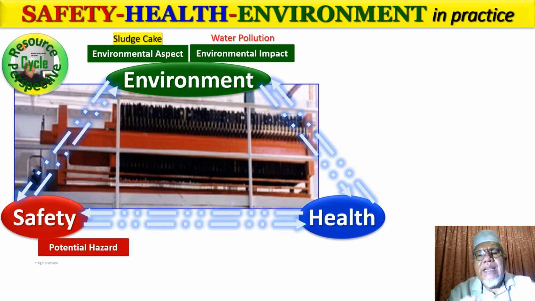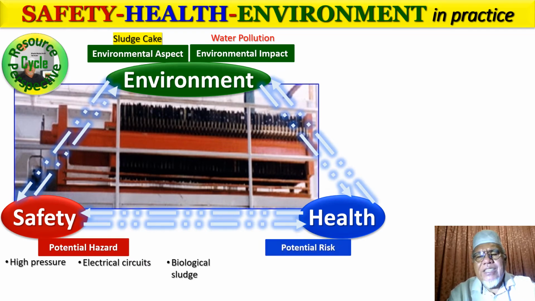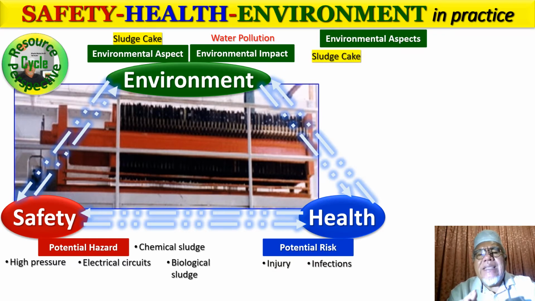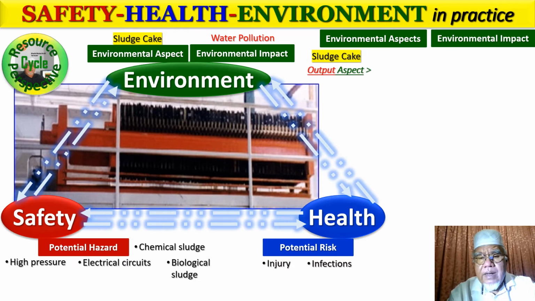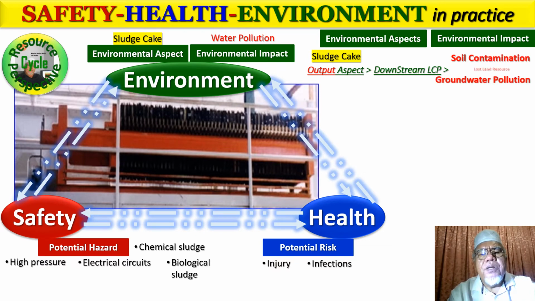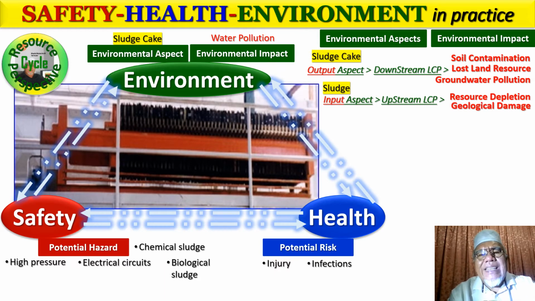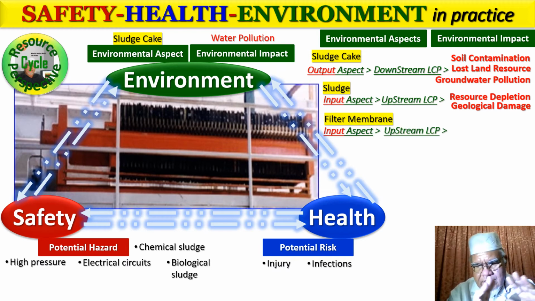The activity here is called dewatering, sludge dewatering, okay? So for this matter, this equipment itself, the entire setup, the entire physical being, the entire engineering material that constitutes the build of this equipment is an environmental aspect itself.